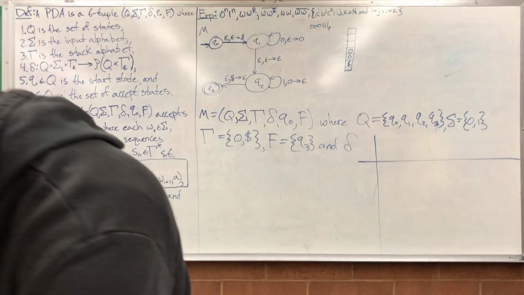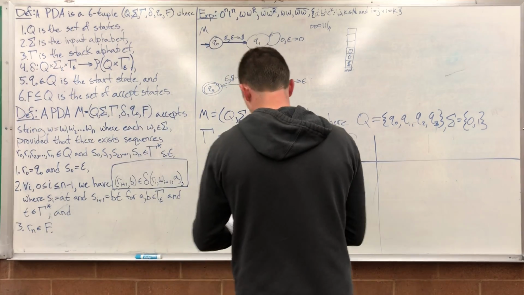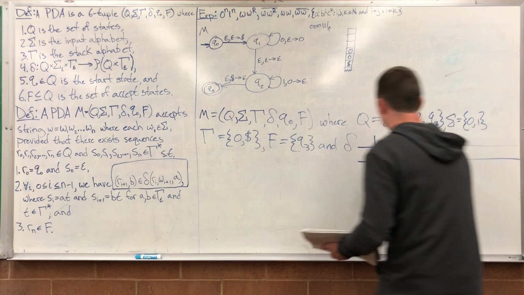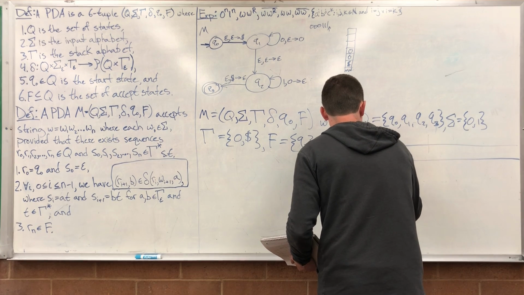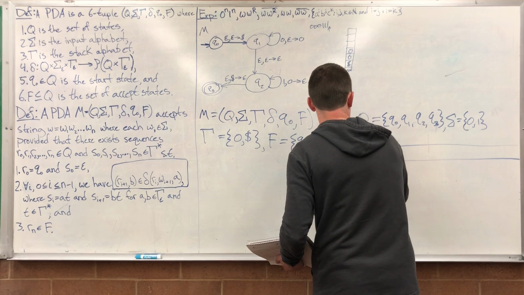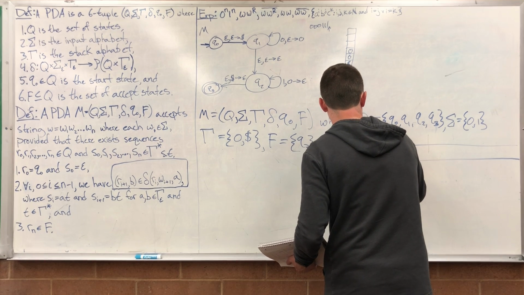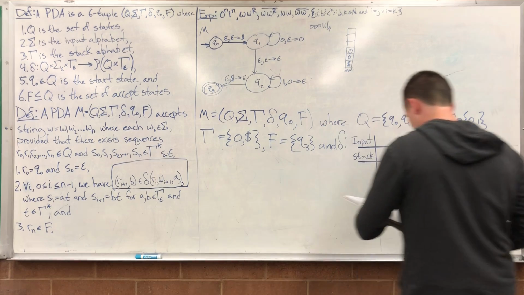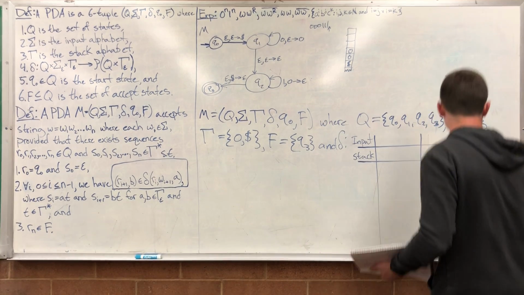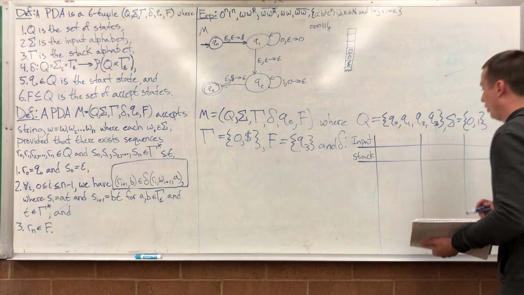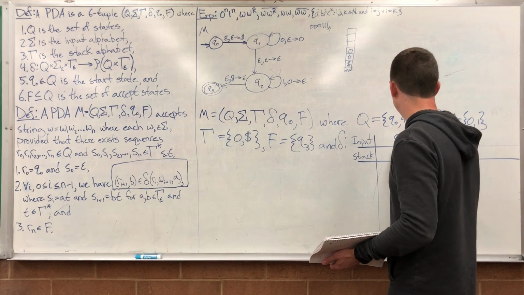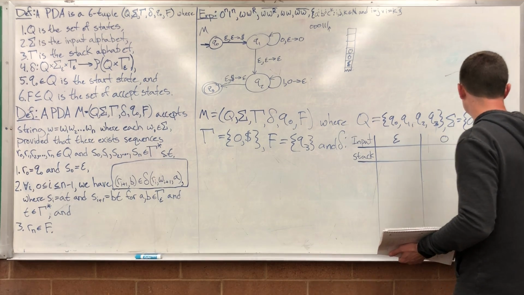Let me see if I can remember the order. We track stack at the bottom, input at the top, and here we track the delta. Our possible inputs are empty string, 0, 1.